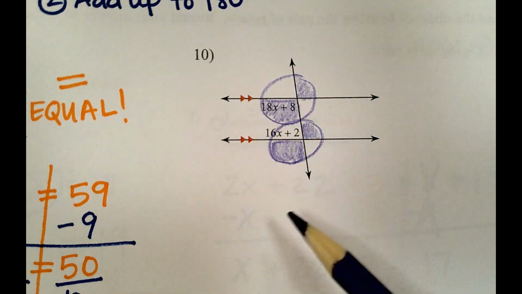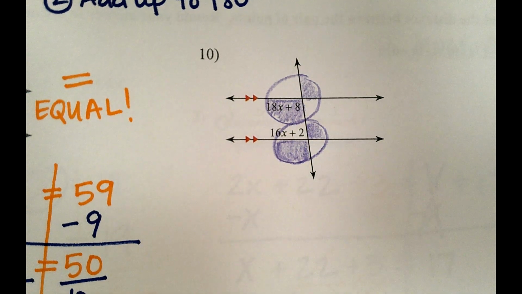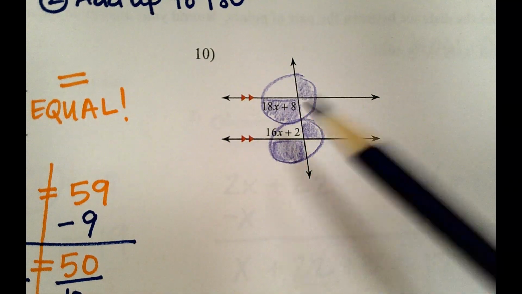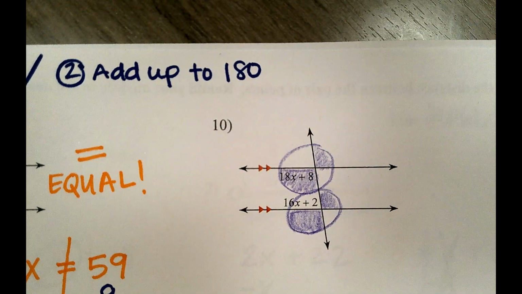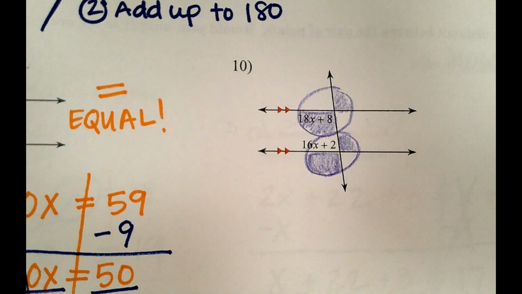Now that we have things shaded in, what do we notice about our two marked angles? They're not equal to each other. They're not both shaded in or both unshaded. So if they are not equal to each other, they add up to 180. Good.